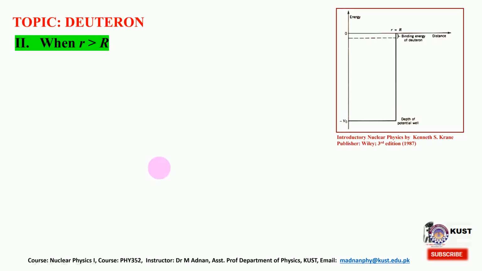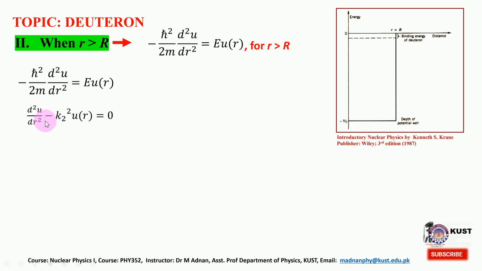Now once R is greater than R, that is, the potential was 0, in that situation the radial part of the Schrodinger equation takes this form, since the potential is 0 once R is greater than the size of the Deuteron. Again, we need to rearrange this expression and define the K2, which is again a positive number, since this minus and this E, which is the binding energy, is negative.